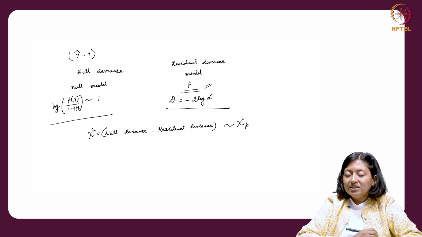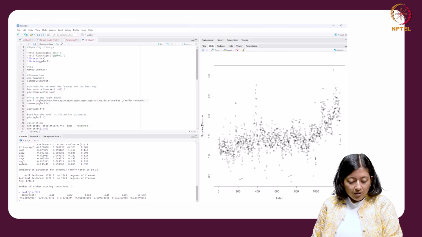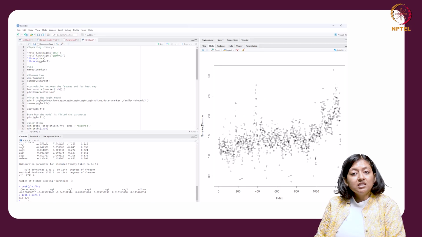So let us try to do that for the stock market dataset and also for the credit card dataset. So here for the stock market dataset, the null deviance is 1731 and the residual deviance is 1727.6. If we calculate the difference between these two, the difference turns out to be 3.6.